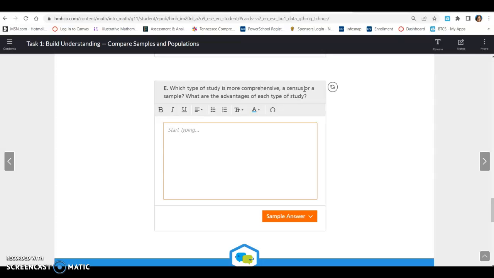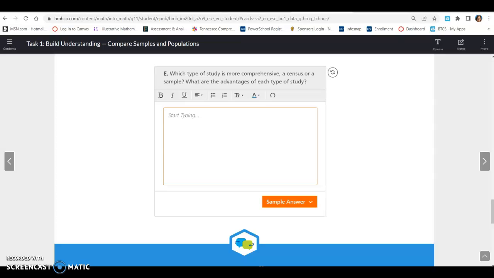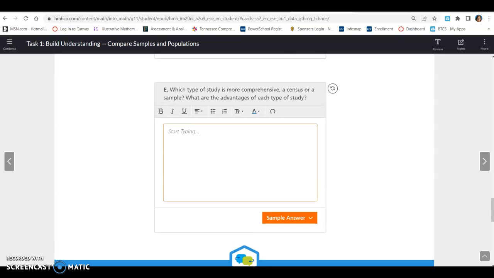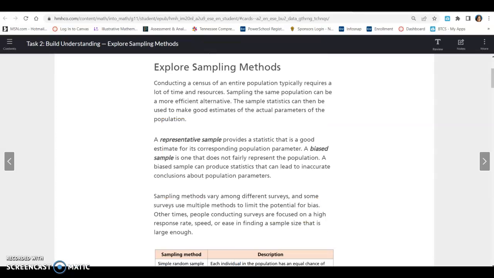The advantage to doing a sample is that it is a smaller group. It is maybe quicker and easier to collect data from. So there are useful things for both a census and a sample. That's all for task 1. If you have any questions, let me know.